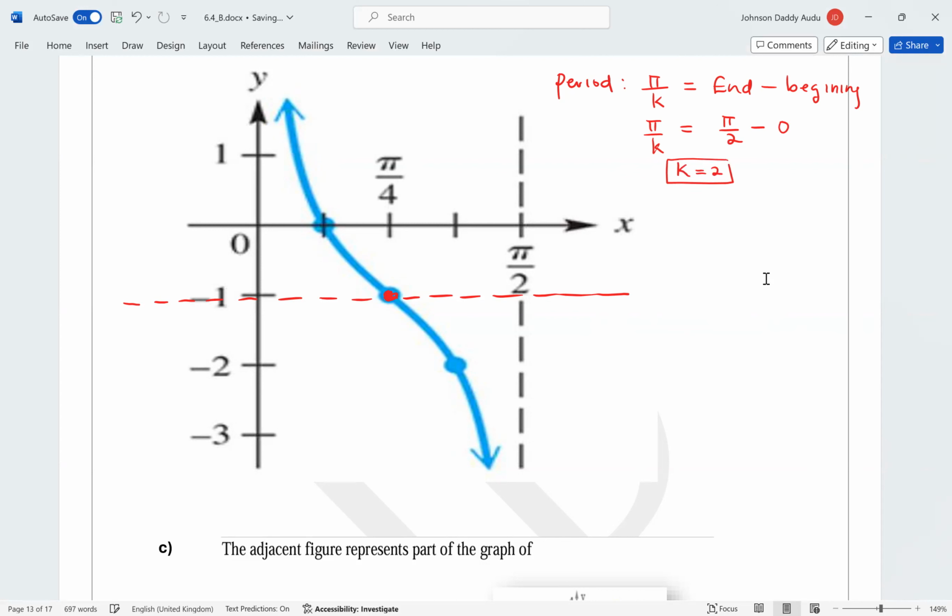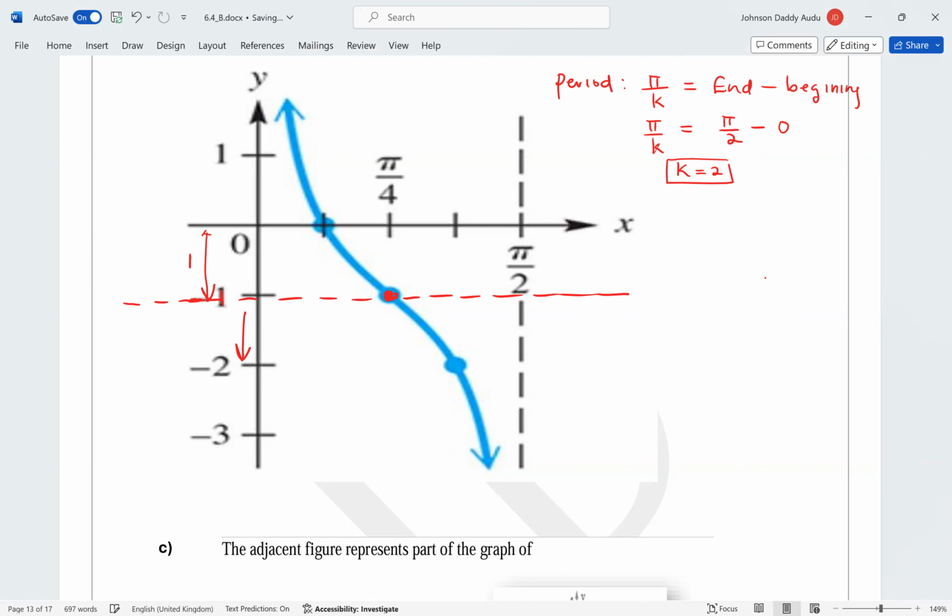Okay. And now we can find a, right? What do you think is a here? We can use our formula because this is minus 1. What is the highest value going here? This is the distance. This is going to be our a. And you can see the distance here is 1. The distance from the baseline to here is also 1.